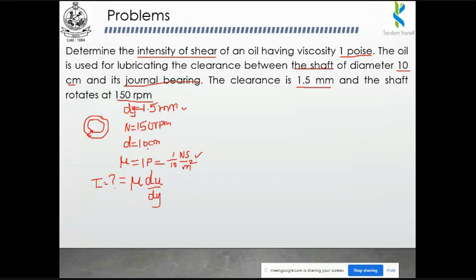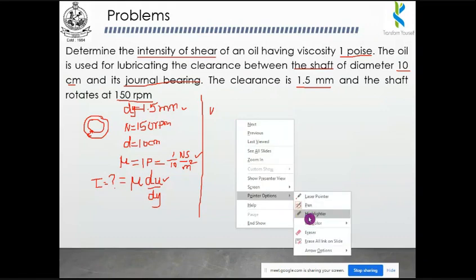But look here, you have to find the value for du. Do you know the basic formula for velocity?